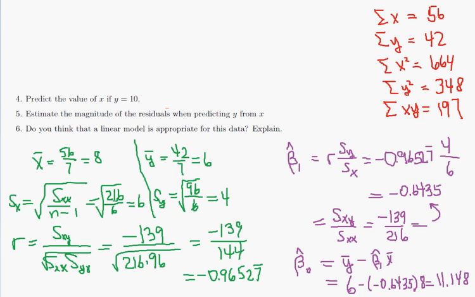So I could have that beta 1 hat is equal to not s sub y over s sub x, but s sub x over s sub y times the correlation coefficient r. Or I can write this as s sub xy, but I divide not by s sub xx, but by s sub yy. Now using the latter expression, that's negative 139, s sub xy, which is the number we saw here, divided by s sub yy, which is 96.